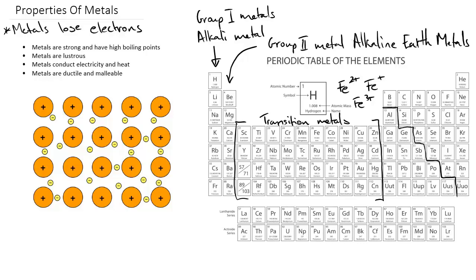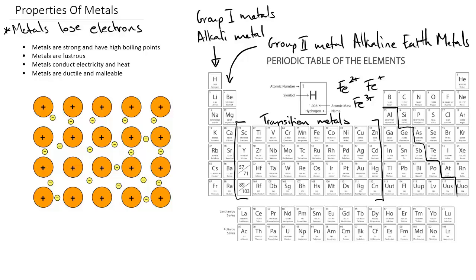Now, the properties of metals, I've listed 4 main ones, the ones that VCAA asks you to understand thoroughly and be able to explain. The first property is that metals tend to be strong and they tend to have high boiling points.